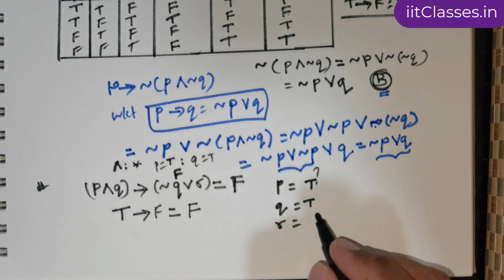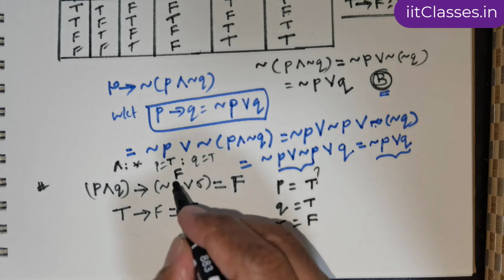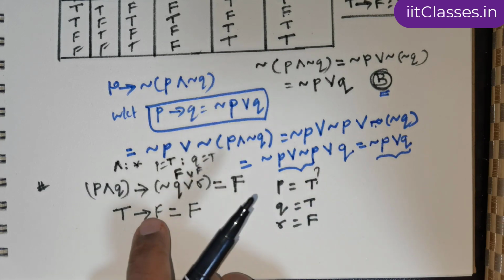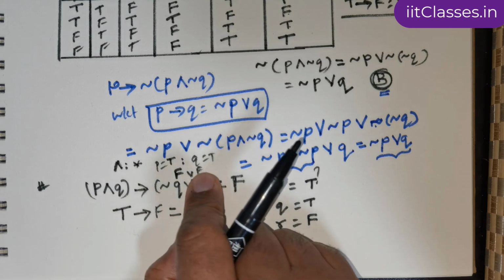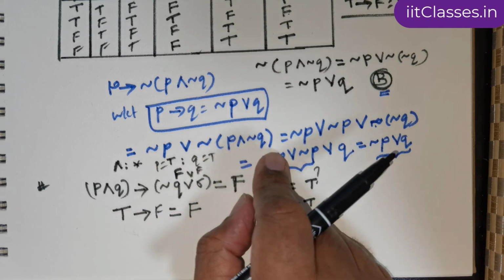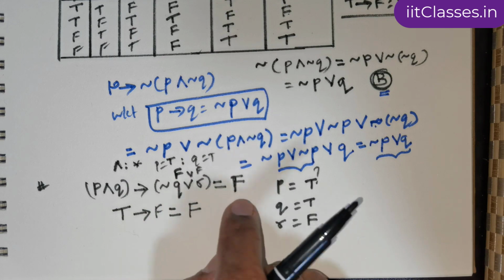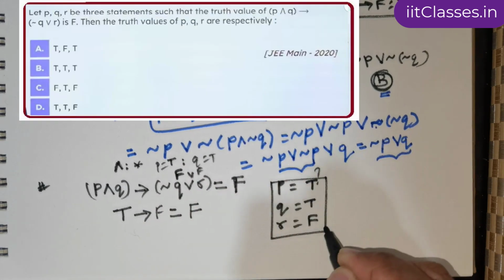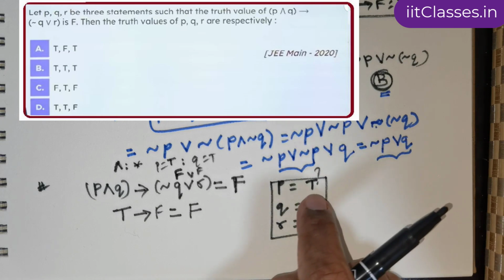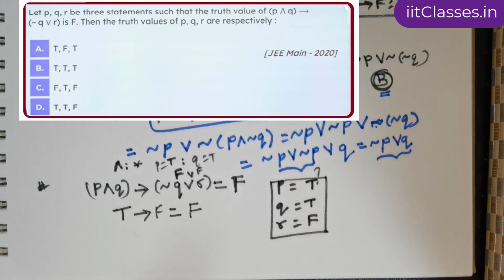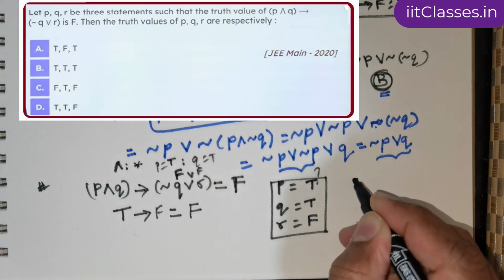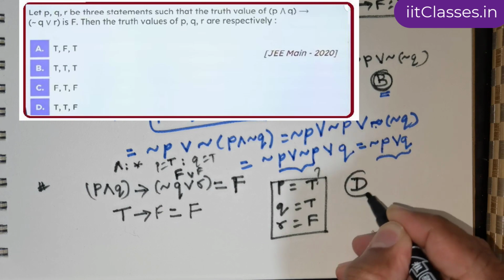That is only possible when R is equal to F. F or F would give me an F. If I were to have a T there, then the outcome is going to be T, which would contradict the given question. So the right choice for PQR would be TTF, and the correct choice would be choice D.